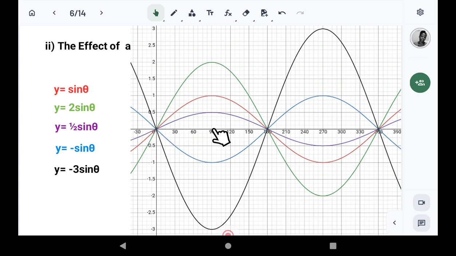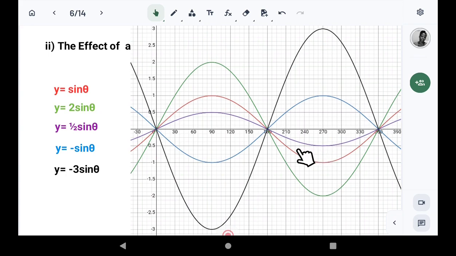The distance from the point of rest to the maximum value is 2. That is the amplitude. So a affects your amplitude. Notice that your minimum value is now at 270, negative 2. What happens when your y equals half sine theta? Same thing. Your amplitude is half, because from the point of rest to your maximum value, that is half.